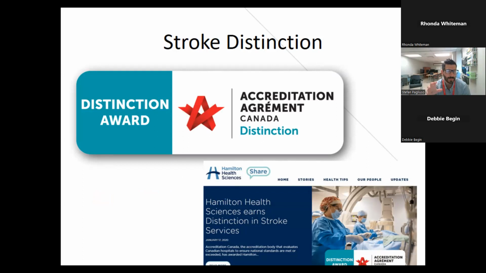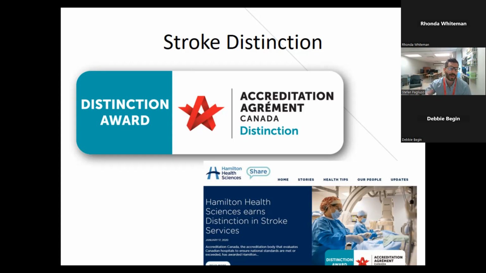And data, as you can imagine, plays an essential part of the quality improvement strategies that go along with stroke distinction accreditation. Key metrics are used to indicate improved and sustained performance, leading to better patient outcomes. Data helps review targeted areas that perhaps are not meeting Accreditation Canada standards and need improvement.